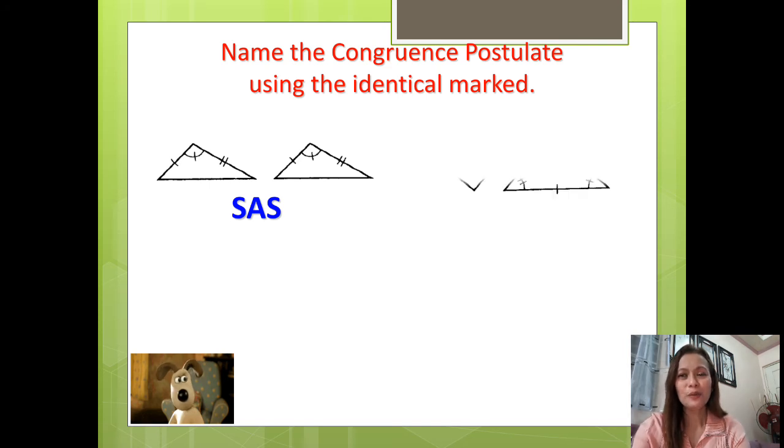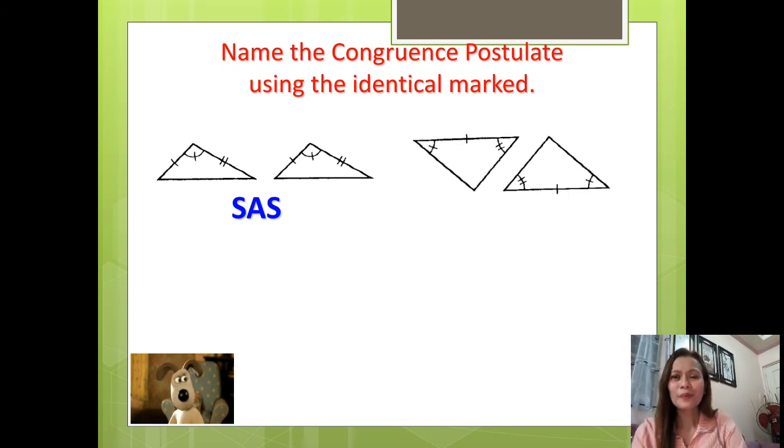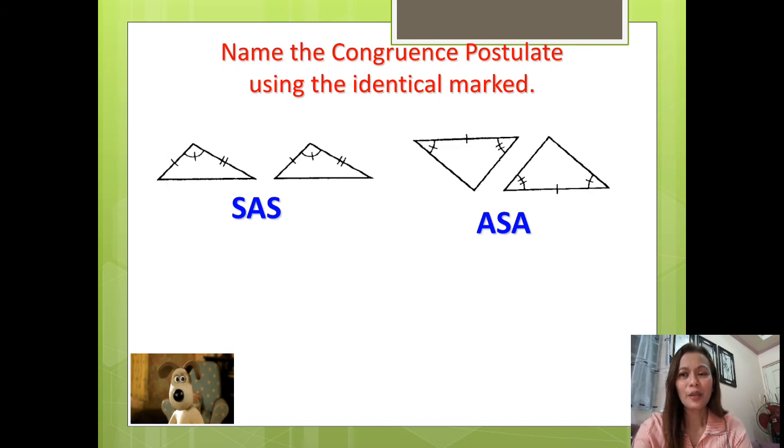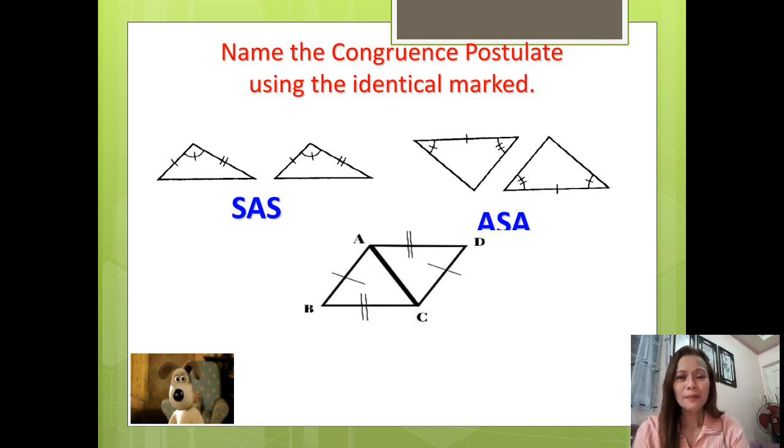Number 2. Using the identical mark, there is one congruent side in between two angles. Therefore, it is ASA. And for number 3, obviously the answer is side, side, side.